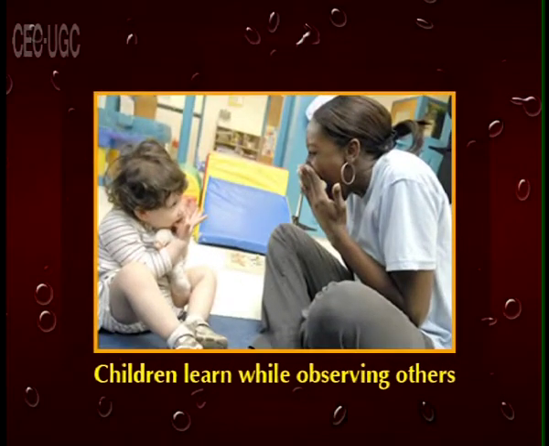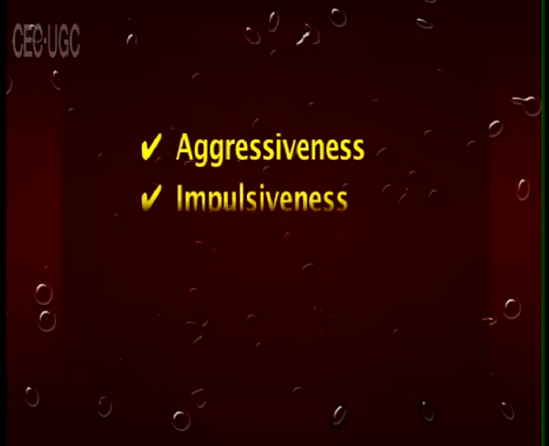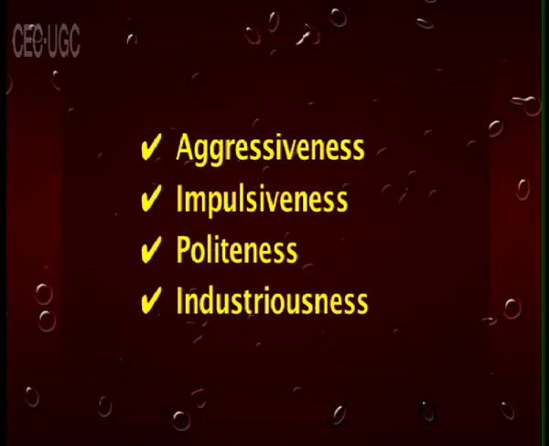The advocates of this theory emphasize that most of what we learn is acquired through watching the examples of others. We do acquire most of the features of personality, for example aggressiveness, impulsiveness, politeness, industriousness, etc. We imbibe these things through observing others who are around us.